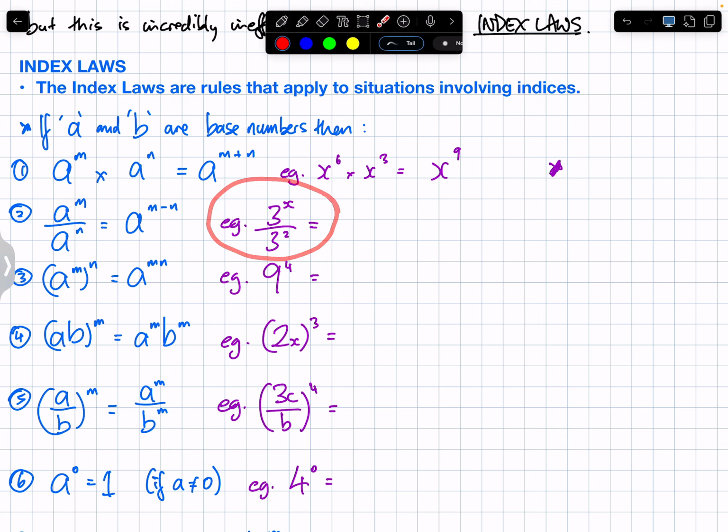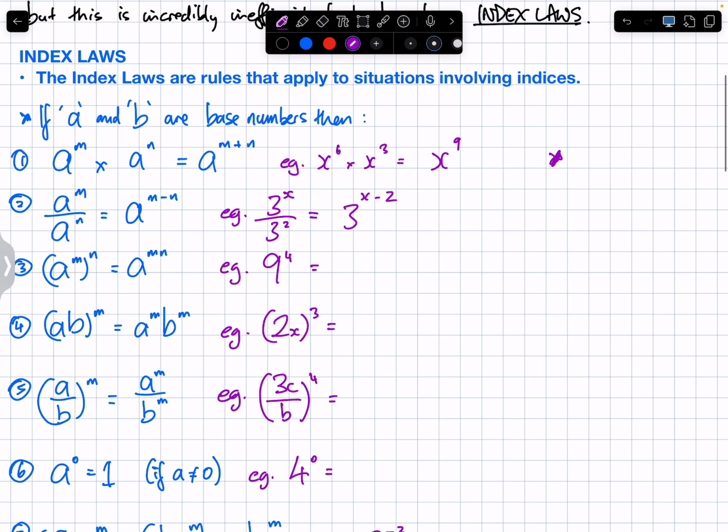So your answer is going to be that same base number, but the first power take away the second. Do I know what x is? No. So I just leave it. It's going to be 3 to the power of x minus 2. If I knew the top was 3 to the power of 5, then it'll be 3 to the power of 5 take 2, and I can work it out. But because it's x, I'll leave it at 3 to the x take 2. Get that example down, please.